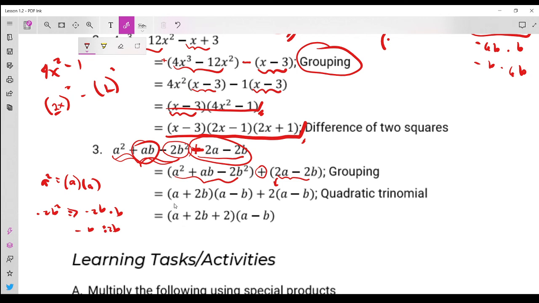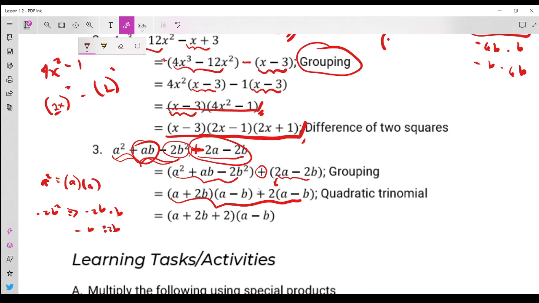So, trying combinations, we have a plus 2b and a minus b. Again for GQT, we have to follow the trial and error method. Next, we have this as our next expression after factoring this GQT and the monomial factor of this one.